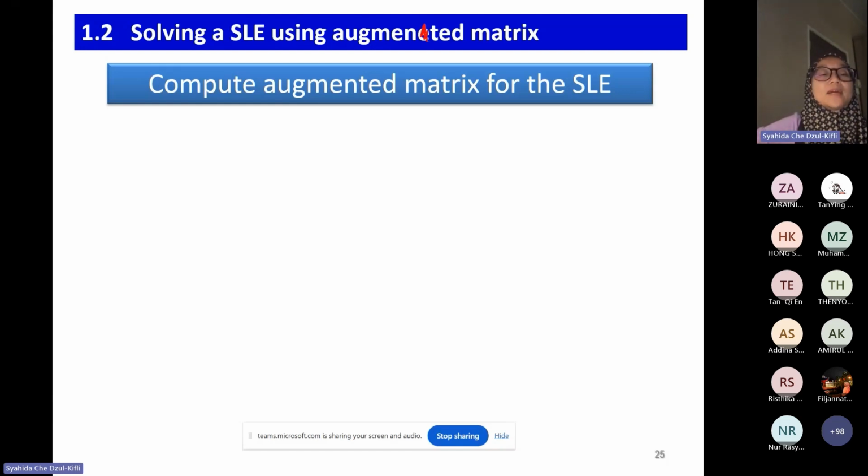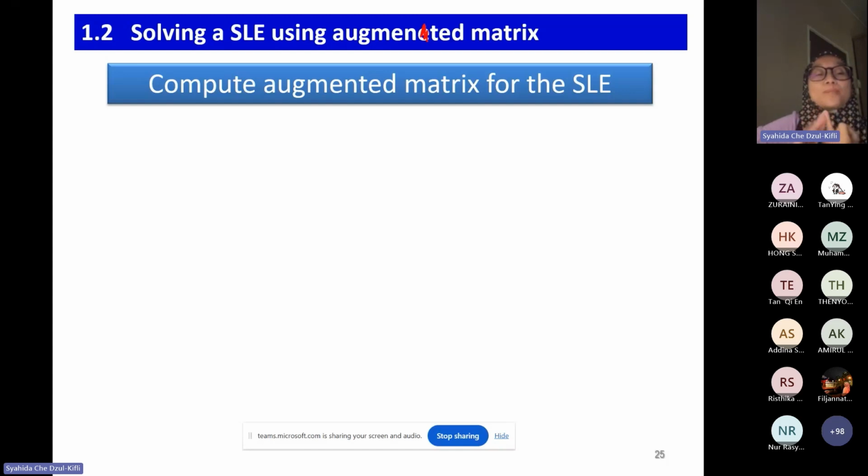First we have to compute the augmented matrix. It doesn't matter what the augmented matrix is, but every system of linear equations has a unique augmented matrix.